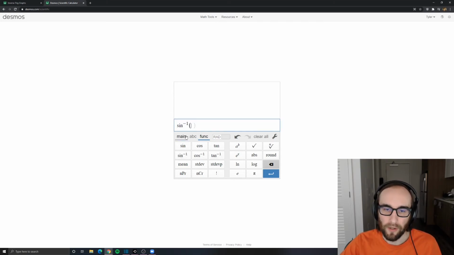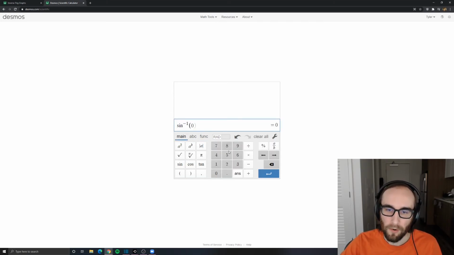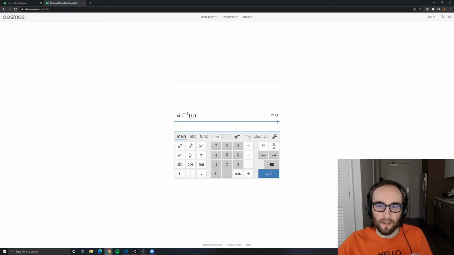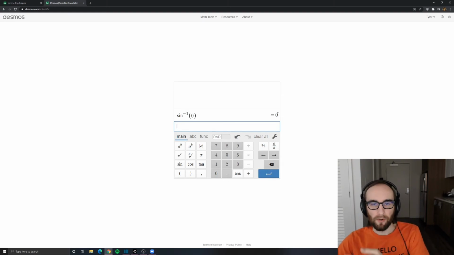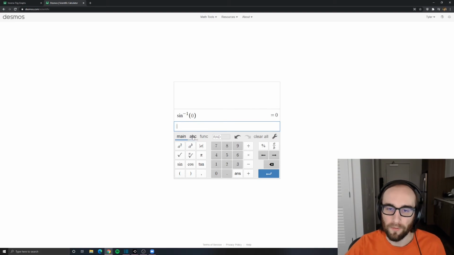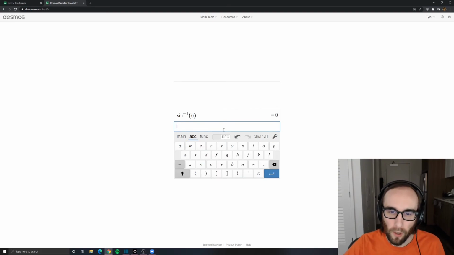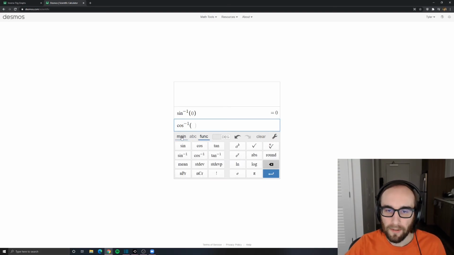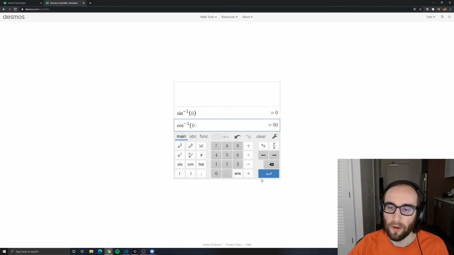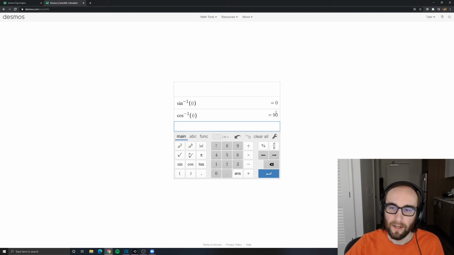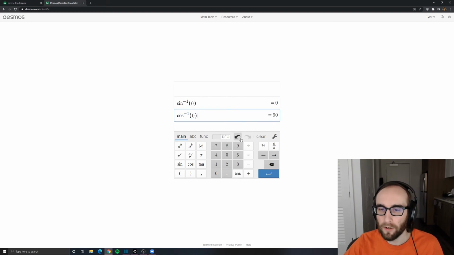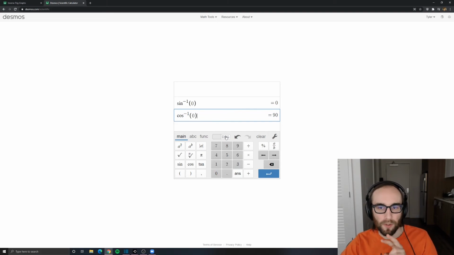So for inverse sine, for example, of 0, that's just going to give us 0, because we input 0 into sine to get an output of 0. For inverse cosine of 0, we know that we need a 90-degree angle to get 0. So an input of 90 degrees gives us inverse cosine of 0. And here, calculators usually have two modes, degrees mode and also a radians mode.